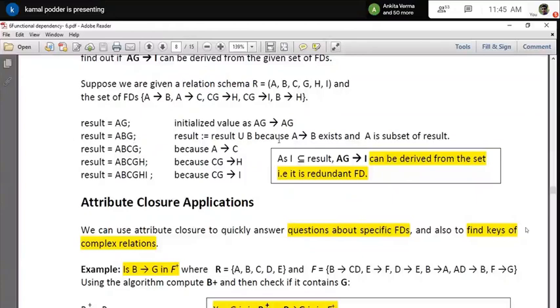Now just see that. I have to find out this FD. So I pick up the left hand side, because if I try to find out the closure of AG, in that closure AG will exist. That is the reason we first initialize the result with AG, as per that algorithm.